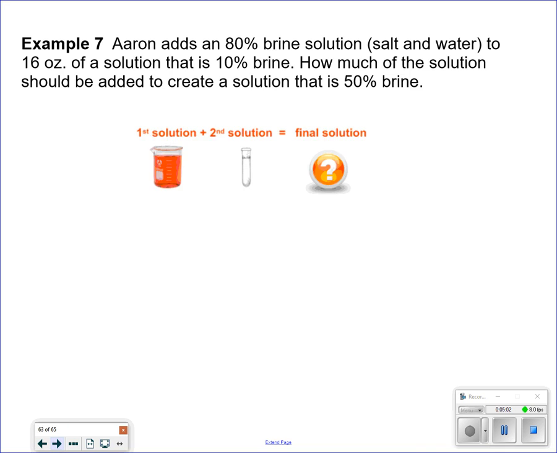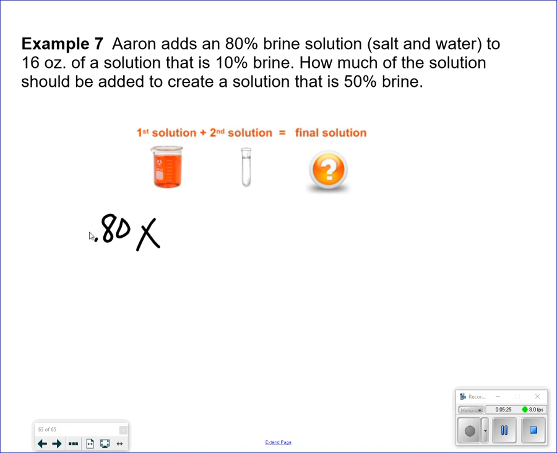Next one. Aaron adds an 80% brine solution, that's salt and water, to 16 ounces of a solution with 10% brine. How much of the solution should be added in order to create a 50% brine? All right, so the first solution I have 80%, but it doesn't tell me how much of that I have.